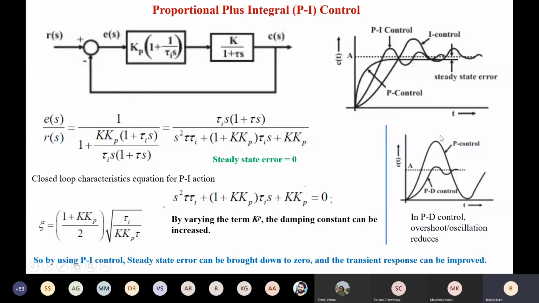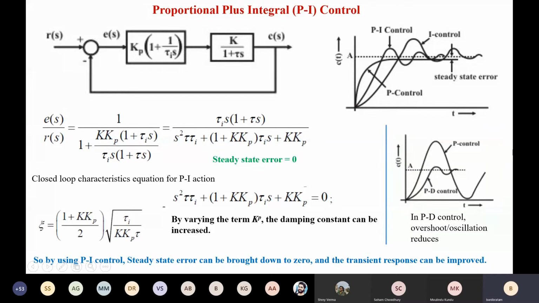Gradually it is dying down. Now the requirement of derivative control is, if you use derivative control or the combination of P and D, then your overshoot or oscillations will reduce. Okay, so you can see that if I use PD control, the overshoot is reducing, and the oscillation will also reduce.